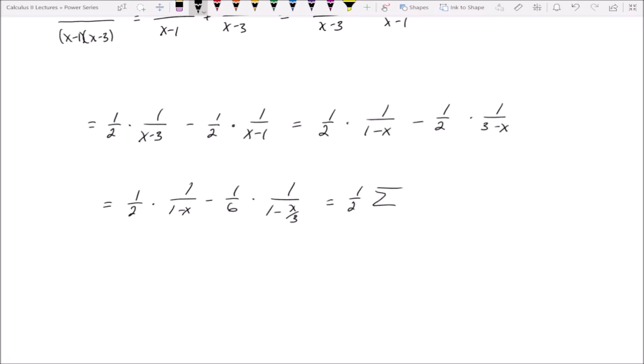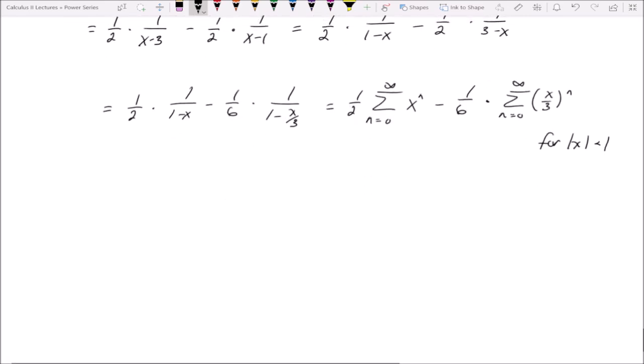So 1/2 times the series of x to the n minus 1/6 times the series x over 3 to the n. And this is for absolute value of x less than 1 in both cases, right?